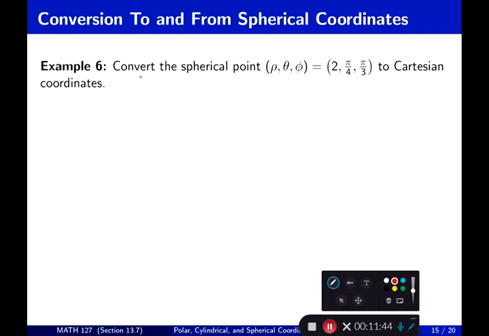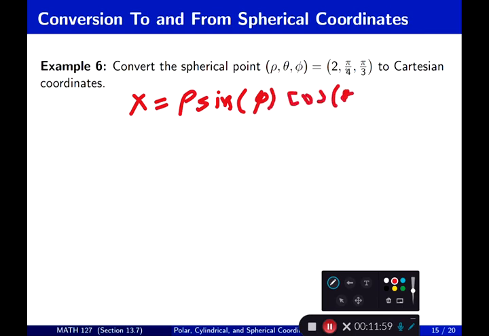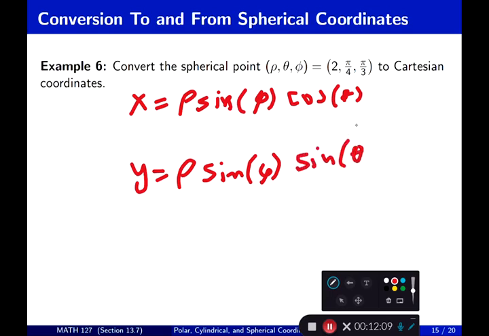So what was the Cartesian coordinate? x is equal to r, which is just rho sine phi, times cosine theta. y is equal to rho sine phi, which is r, times sine theta, and we figured out z is equal to rho cosine of phi. Now replace everything.